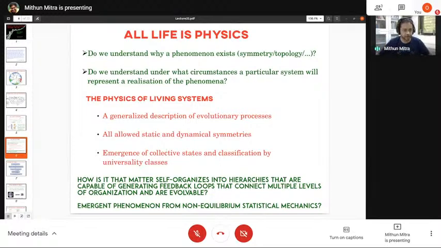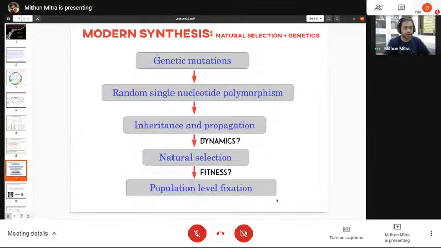If one thinks of a physics question as opposed to a chemistry question, you could ask: how is it that matter self-organizes into hierarchies that are capable of generating feedback loops that connect multiple levels of organization and are evolvable? So you can evolve these networks and loops at multiple levels.